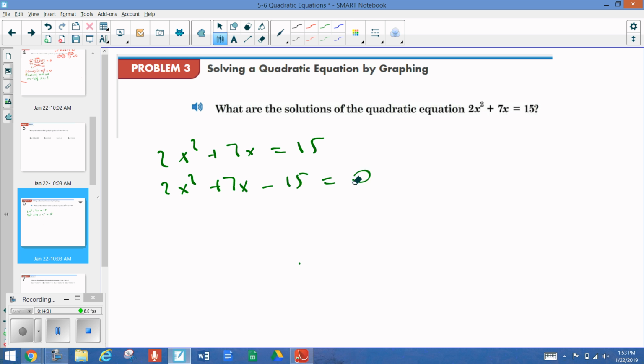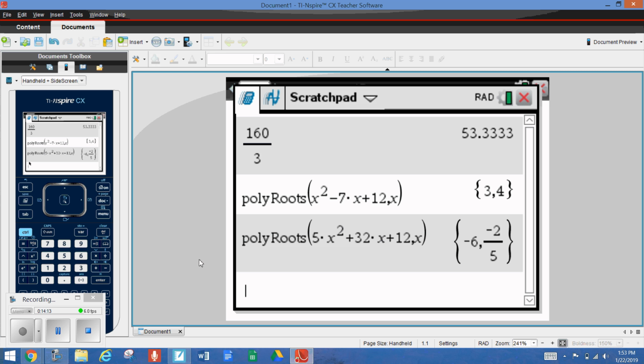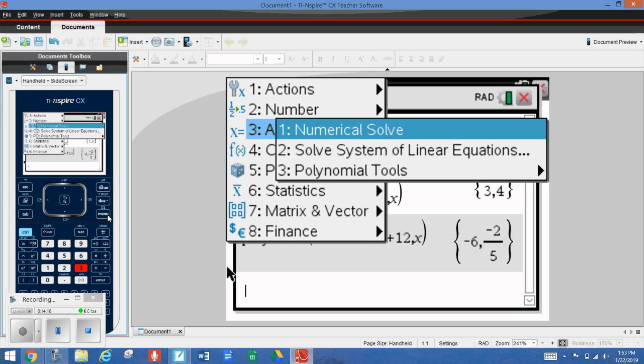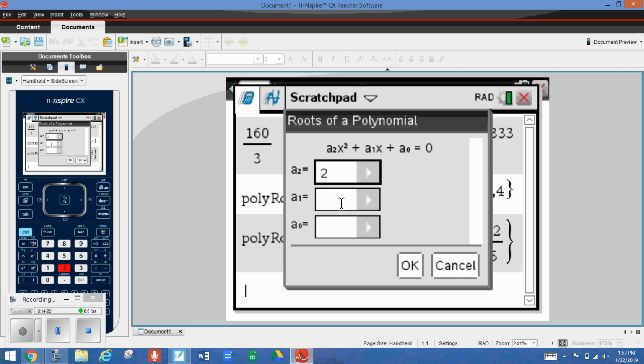You're supposed to subtract 15 from both hand sides. Now we're good. Then we're going to put into the calculator 2, 7, negative 15, right? Menu 3 3 1.